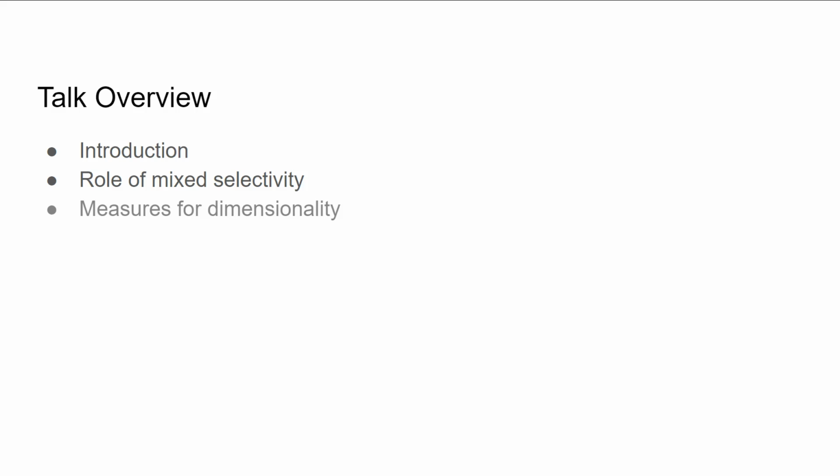Okay. For today, I'm going to go through the paper basically in the order that the paper does things, for simplicity. We're going to start with an introduction to how this paper presents itself, and the role of mixed selectivity and how it gives us higher dimensionality.